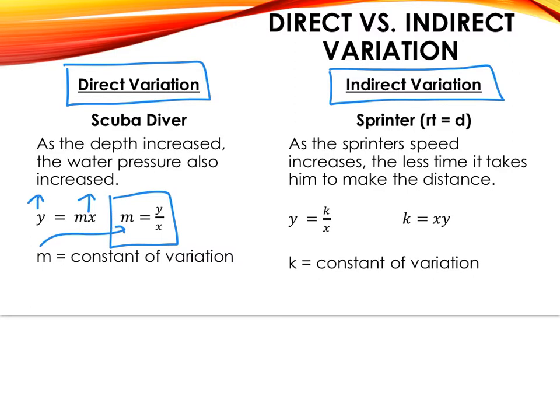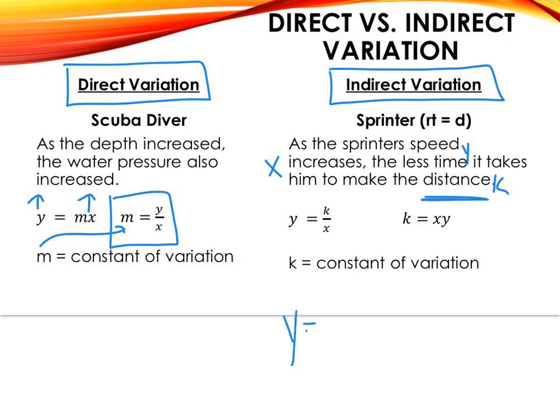For indirect variation, they're not actually both going up. As the sprinter's speed increases, and the sprinter's speed, that's x, it's going to take him less time, which is your y, to actually make the distance, which is k. How I can explain that, let's say he has to run 10 miles.